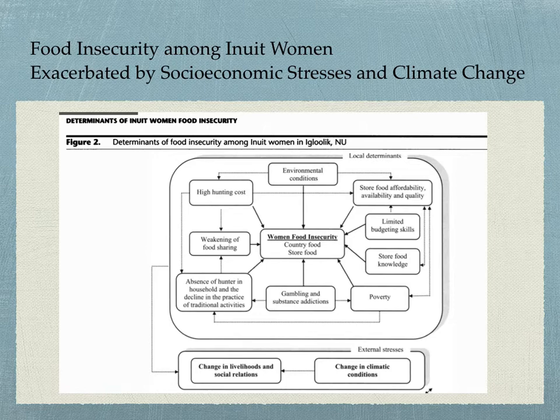And so, broader social processes like poverty and weakening of food sharing, environmental conditions, costs of hunting, are linked to themes, but they're pulled out to tell the bigger theoretical story of what's happening. And they're also linking this from local determinants to external stressors.